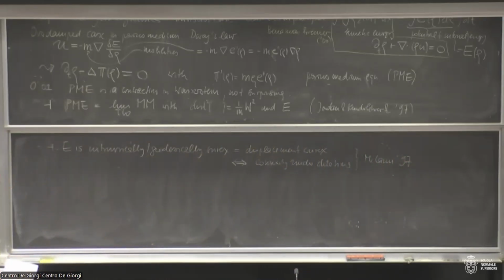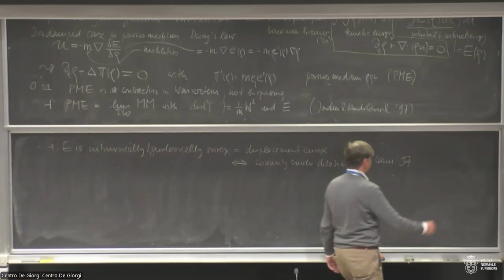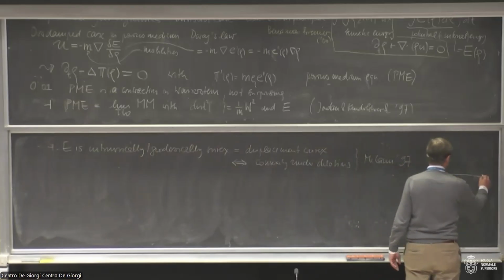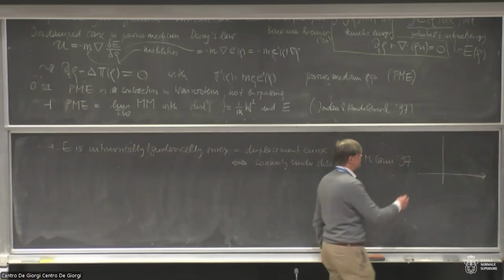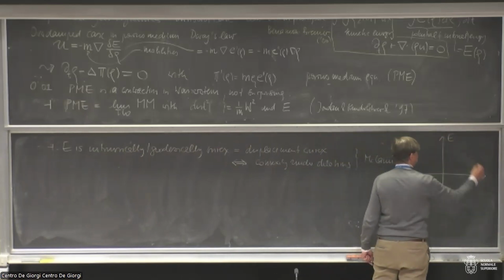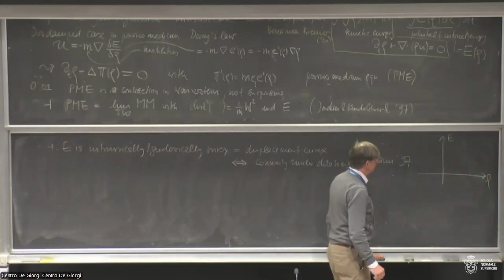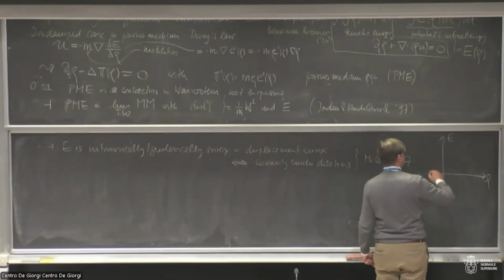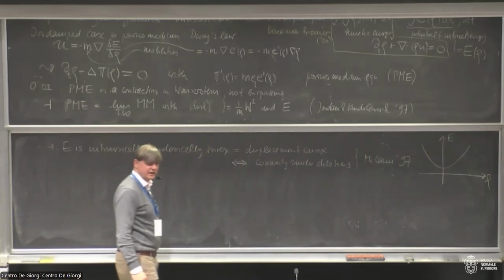So from a geometric picture, this contractivity is not surprising, because now, as opposed to the two-phase porous medium equation, if here I put the configuration space, and here I put the energy function, it's a nice convex set.